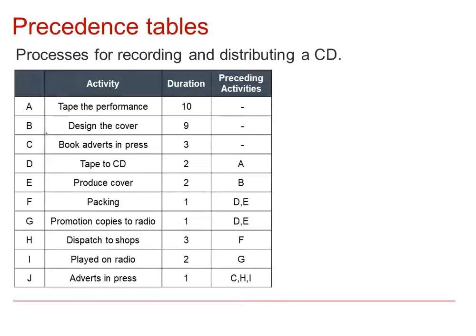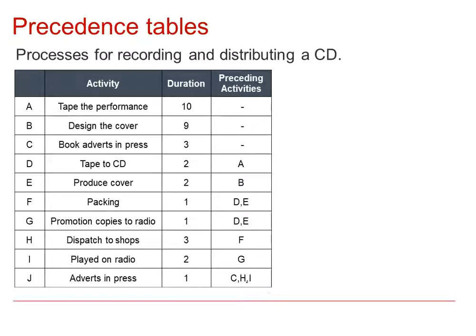So we can see, for example, taping the performance, designing the cover and booking the advert in the press have no precedence and can start straight away, side by side. They don't depend on anything else. Whereas D, tape to CD, can only occur after we've taped the performance A. E, producing the cover, can only start after B, when we've designed the cover.